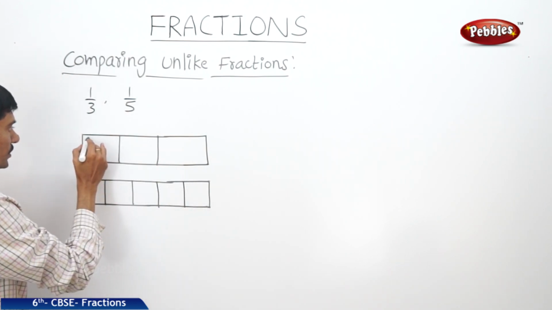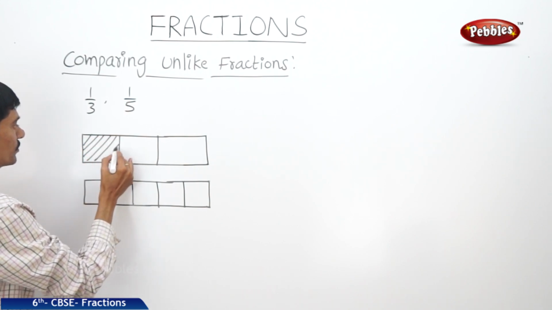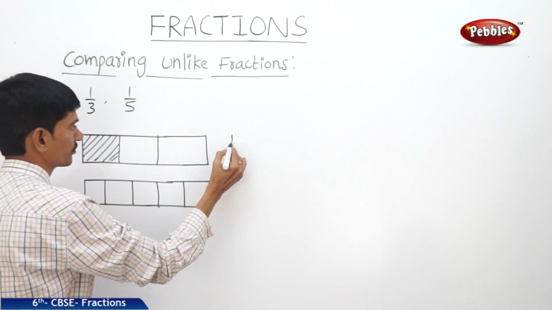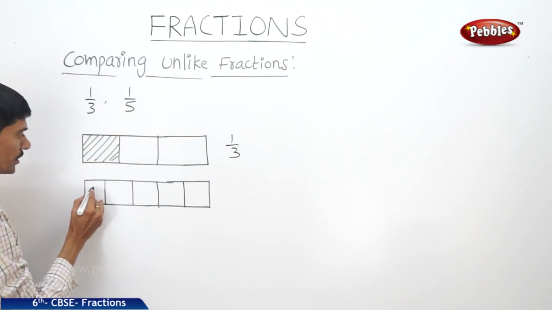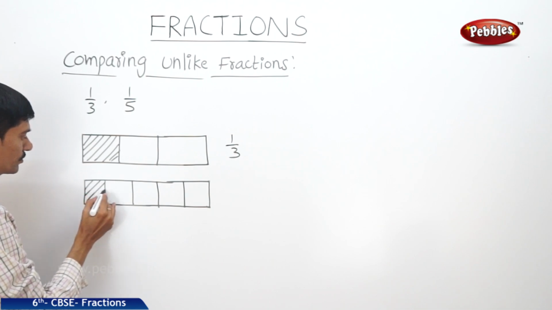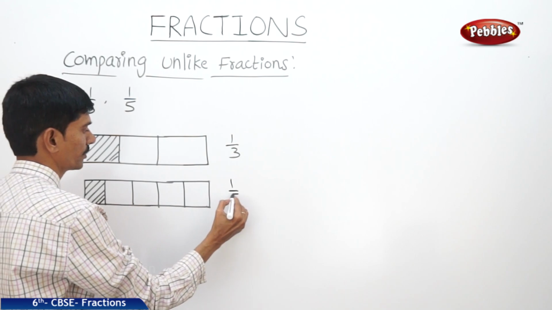Now here one part is shaded out of 3 equal parts. So this represents 1 by 3, and here one part is shaded out of 5 equal parts. So this is 1 by 5.